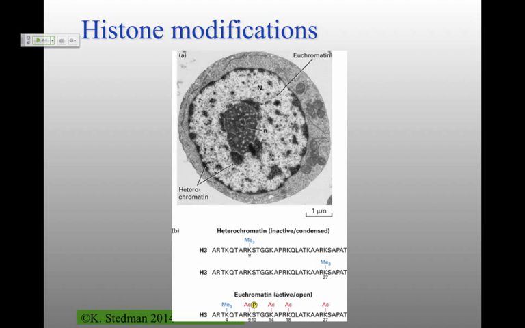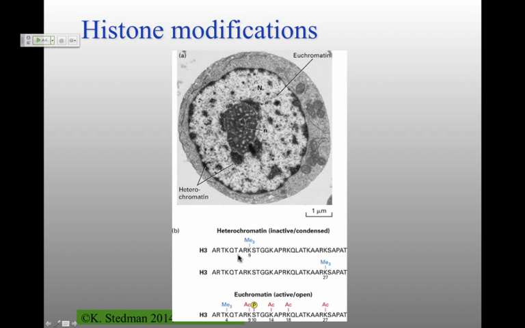How does this happen? Well, we already talked about how you get chromosome compaction when we talked about nucleosomes and 30-nanometer filaments, etc. It turns out that it's all about the histones in terms of getting this compaction to take place, at least in terms of the facultative heterochromatin that you have normally inside the cell.